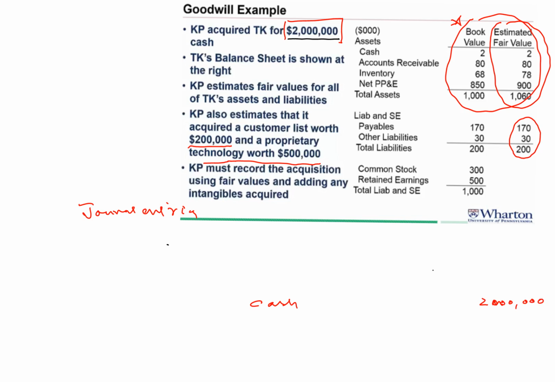Besides, we are acquiring the liabilities of the company. Liability, again, is increasing, and it's a credit transaction. We have discussed that. So 170,000 is the payables. Other liabilities are 30,000.